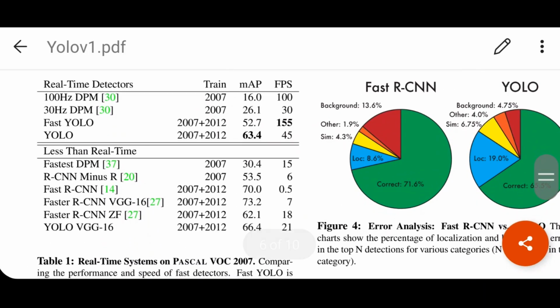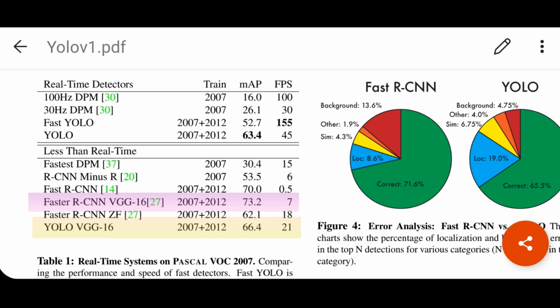For example, in this table, look at the last row, YOLO. Mean average precision is 66.4, whereas frames per second is 21. Compare with the third from the last row, Faster R-CNN with VGG 16. Mean average precision is 73.2, much more than YOLO.